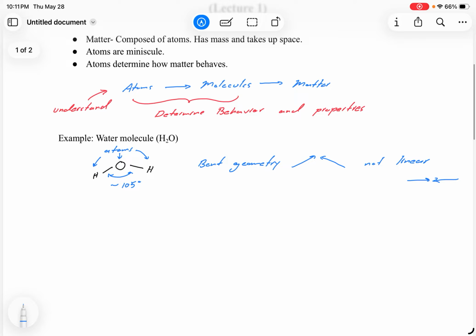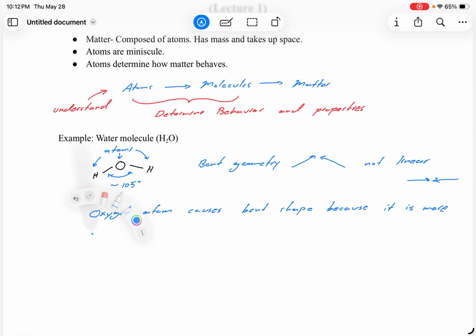So the oxygen atom causes the bent shape because it is more electronegative than the H's, than the hydrogens.